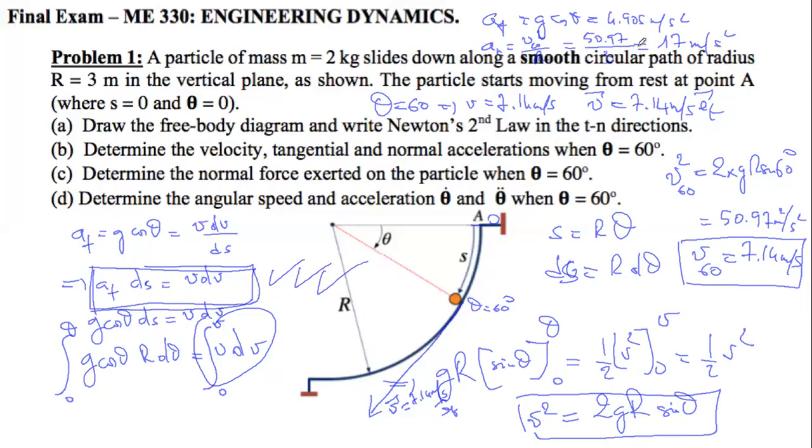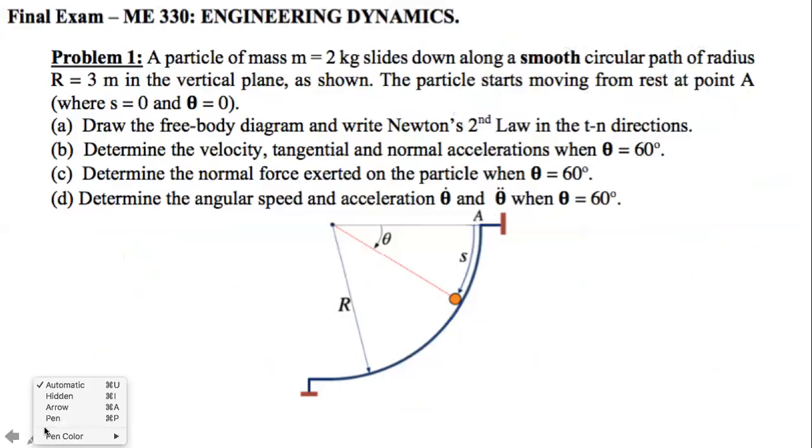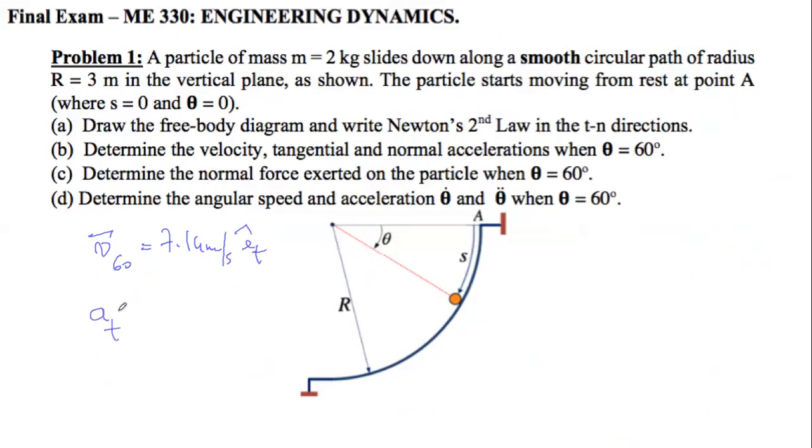Let me summarize what we found. Velocity 60 is 7.14 meters per second in the tangential direction. The tangential acceleration is 4.91 meters per second squared, and the normal acceleration is v60 squared divided by r. We find it to be 17 meters per second squared. So we answered question B.